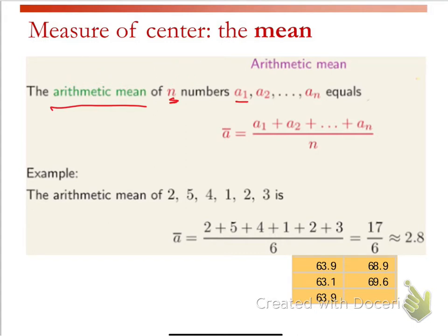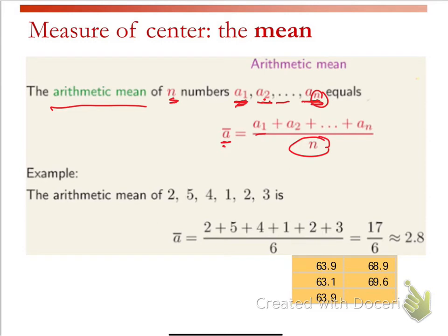So here I have a1, a2, a3, a4 up to an. So the arithmetic mean, a bar, because it is a and not x, so I cannot write x bar, I have to write a bar, equals the sum of them, a1 plus a2 up to an, divided by n, the last index, 1, 2, 3 up to n.